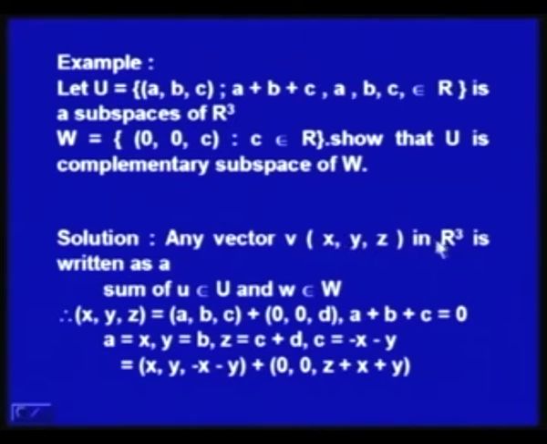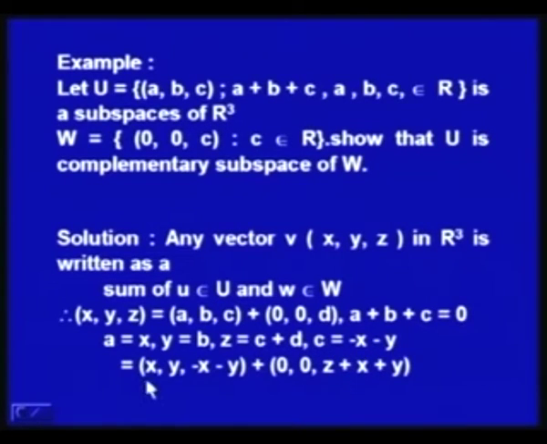Any vector (x, y, z) in R cube is written as a sum of u belonging to U and w belonging to W. Then (x, y, z) is equal to (a, b, c) plus (0, 0, d), where the constraint a plus b plus c is equal to 0. Now, comparing the components, a is equal to x, b is equal to y, z is equal to c plus d, and c is equal to minus x minus y.